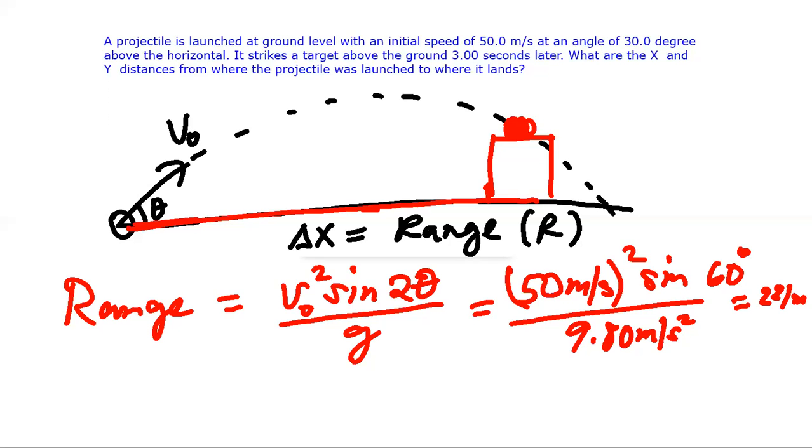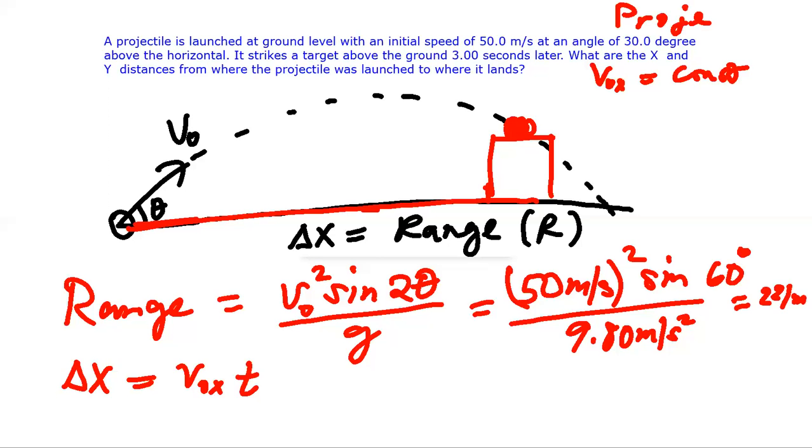So in this problem, to find the x component, you will say v naught x times t. That's one of the equations. Remember, for projectile motion, you have v o x equals constant because there is no acceleration in the x direction.